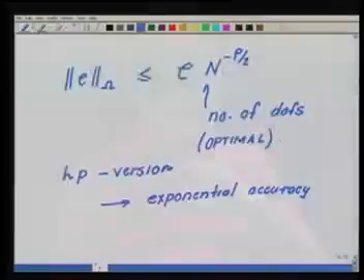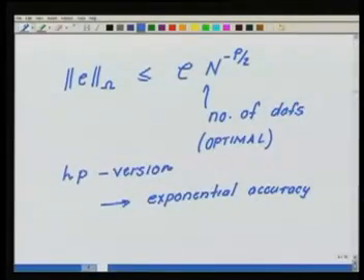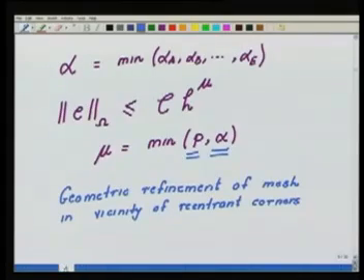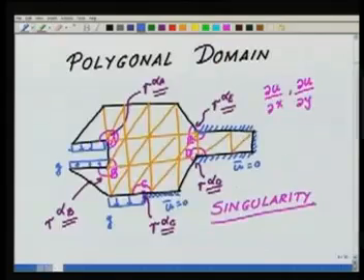Okay, so this was about various ways of controlling the accuracy of my approximation. Another issue that can crop up is, one may say that I am really not interested in what is happening here, I am interested in what is happening here. I am interested in a region which is far away from any of these singular corners, because that may be my region of interest.